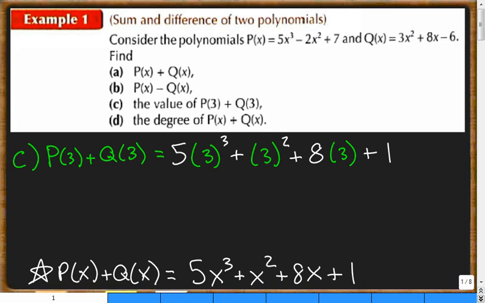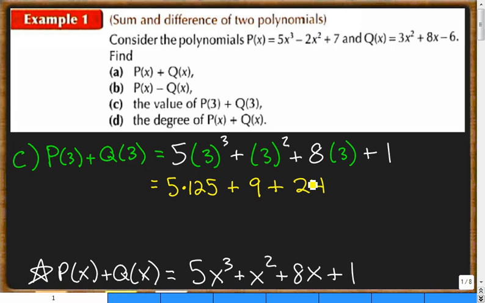So we need to go ahead and actually evaluate this. So 5 times 3 cubed is 5 times 125. We have 3 squared is 9. 8 times 3 is 24.